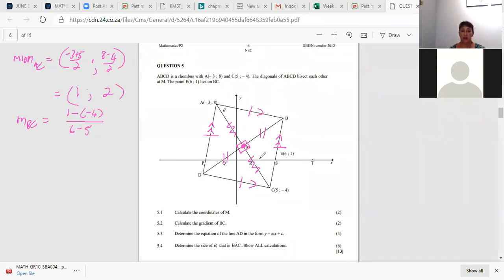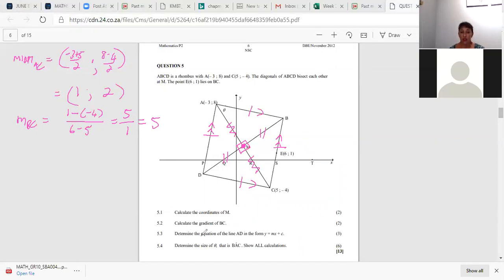Remember to use a bracket, 1 minus minus 4, because that will become a plus 4. 1 plus 4 is 5 over 1, which is 5. Right, so the gradient of BC is 5, which means the gradient of AD is also 5, because those two lines are parallel.